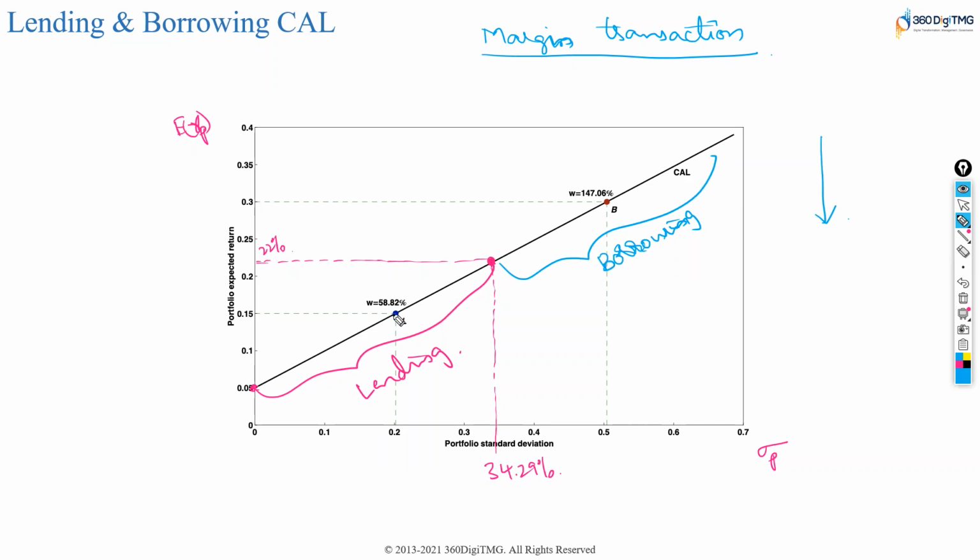Whether you want to invest 58% of the money that you have in a risk-free asset, or in a risky asset and the remaining money in the risk-free, or whether you want to borrow the money and then invest, it's completely up to you.